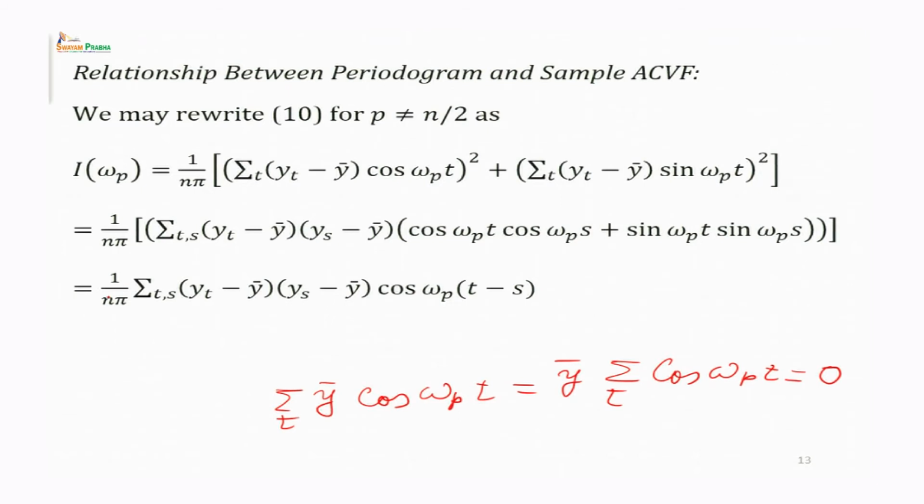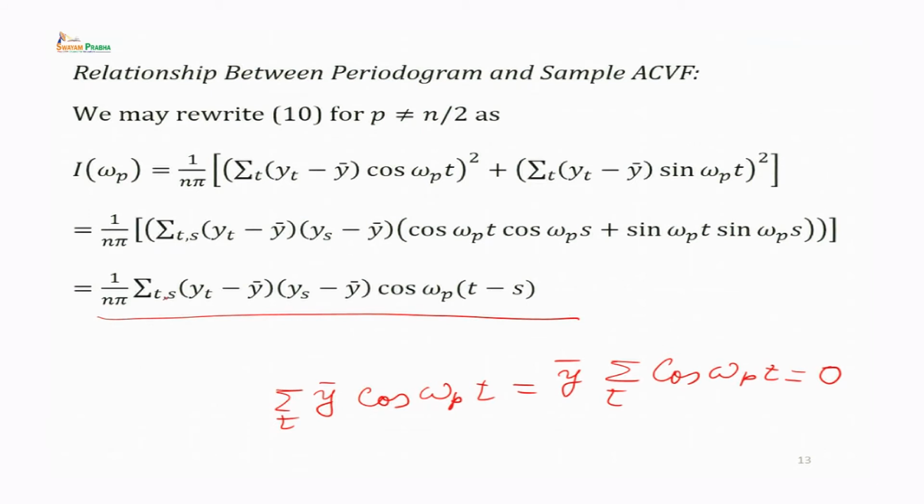And then this is equal to 1 upon n pi, you have summation over t, s of (y t minus y bar)(y s minus y bar) cos omega p (t minus s). So, you get this expression.